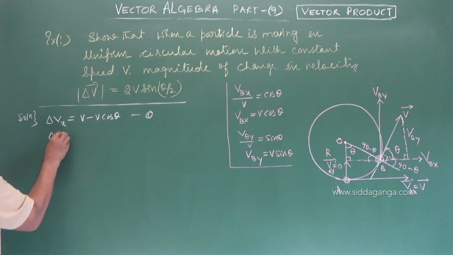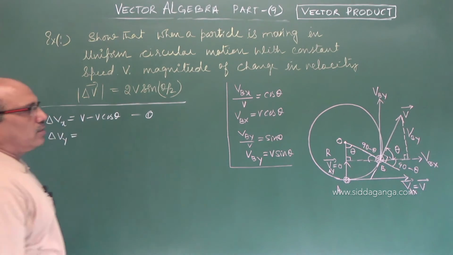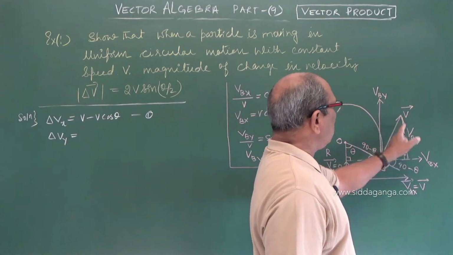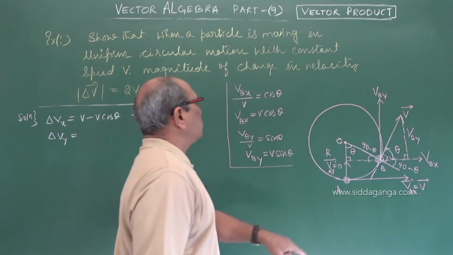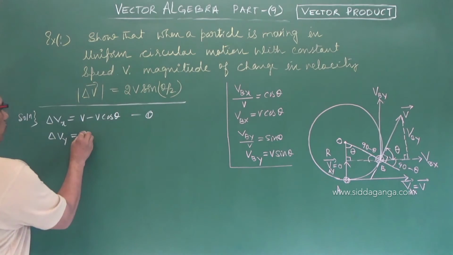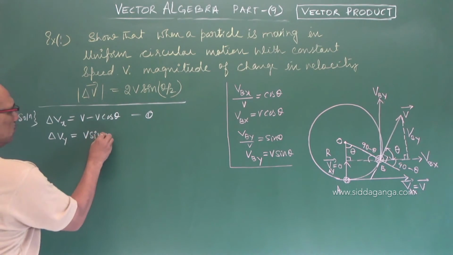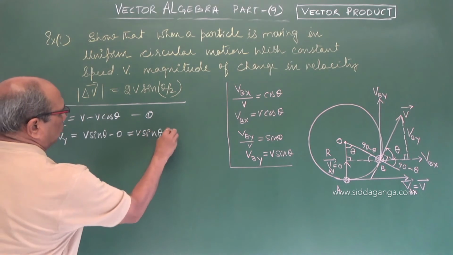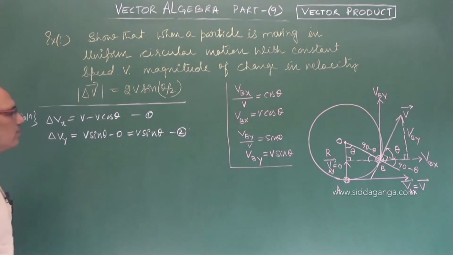Again find the change in the y component. Here it is 0, but here Vby is V sin theta. So V sin theta minus 0, again V sin theta, as the second one.